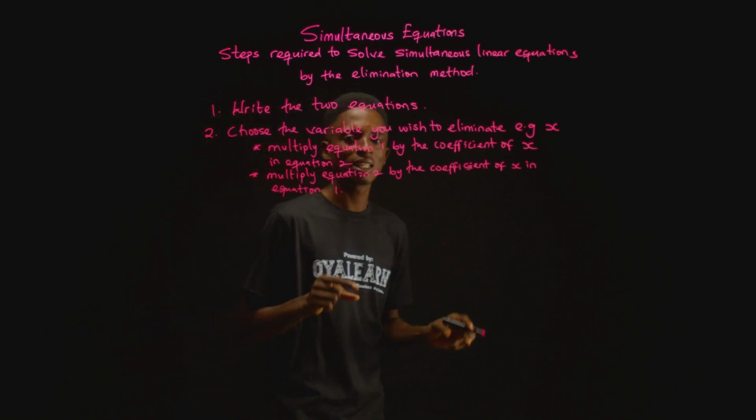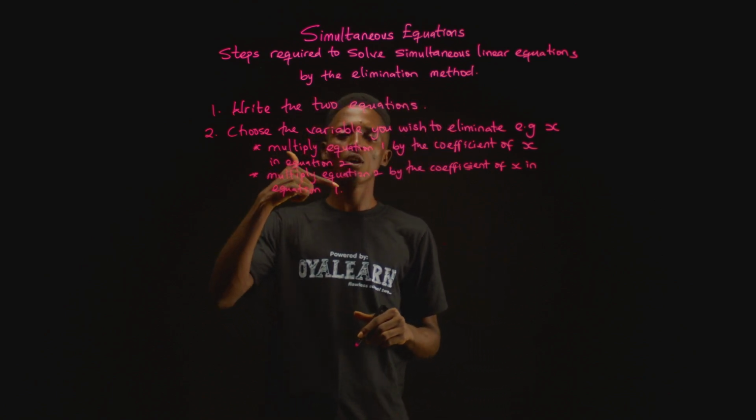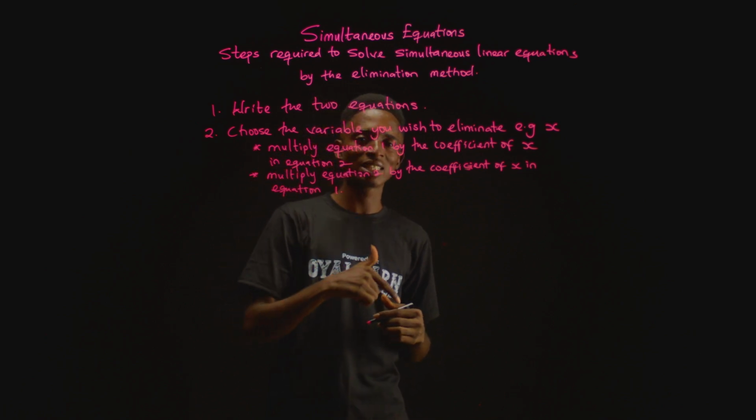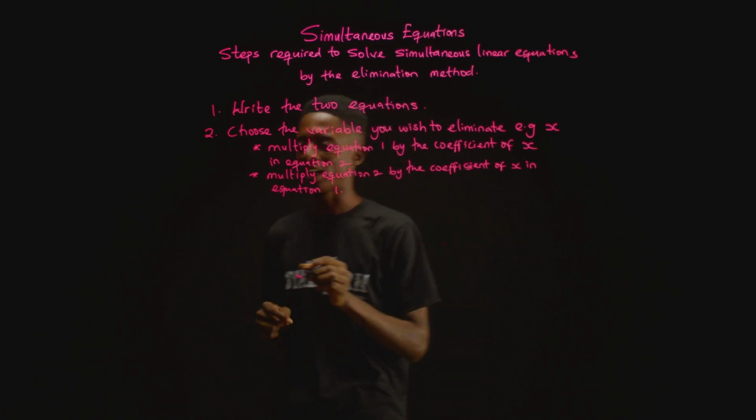So when you do this, that will make the coefficient of x in equation 1 and the coefficient of x in equation 2 the same. That way you can eliminate x.